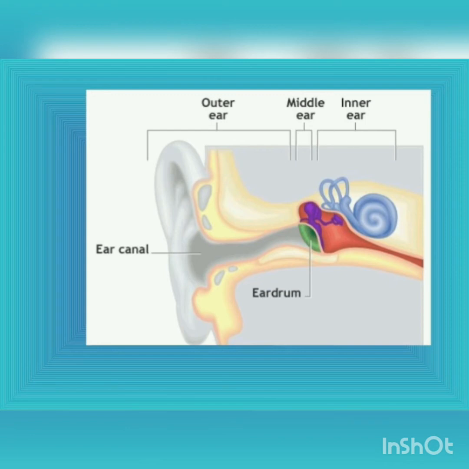Now this eardrum is connected to three small bones. When the sound strikes the eardrum, it passes those vibrations to the bones. The bones will also vibrate.